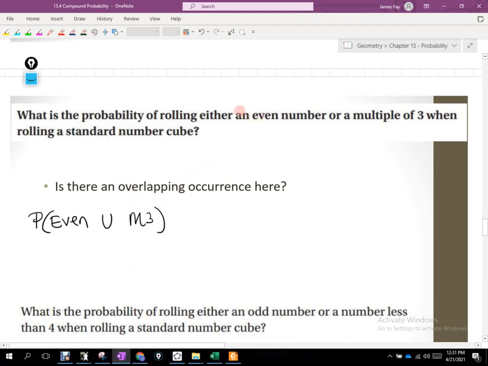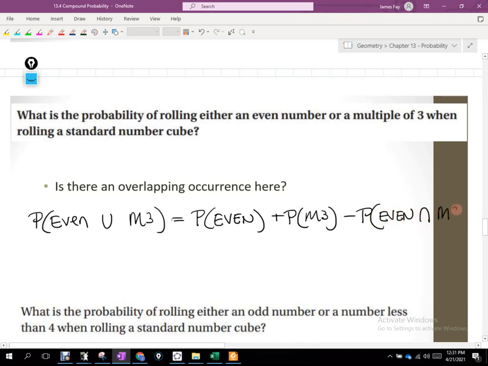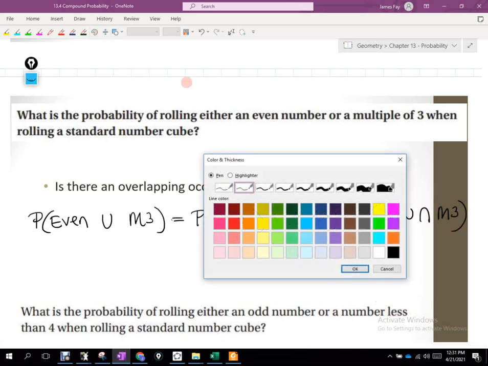Because it's "or," I'm going to start with this first: the probability of even plus the probability of a multiple of 3, and then subtract the probability of an even and a multiple of 3.